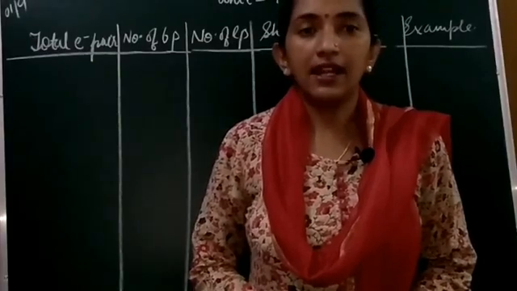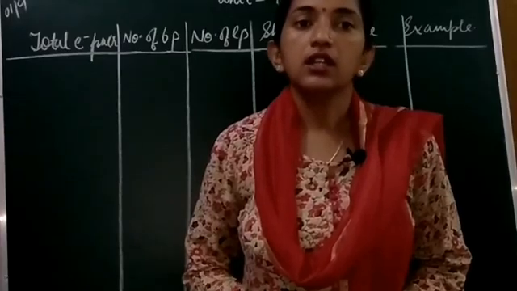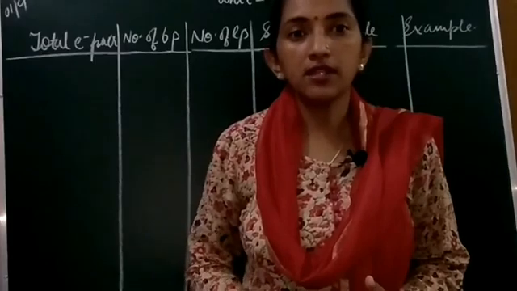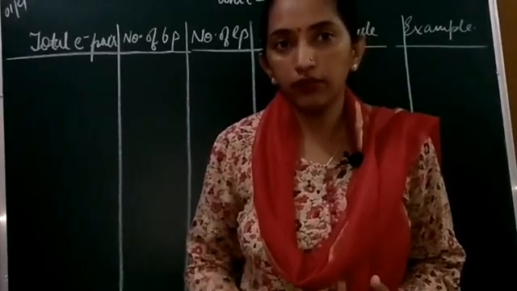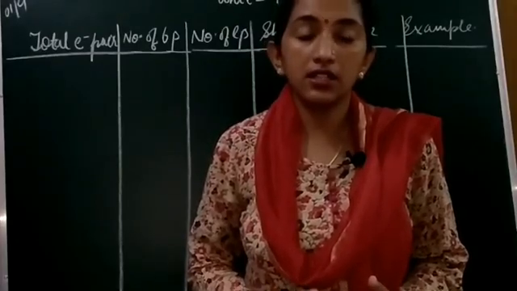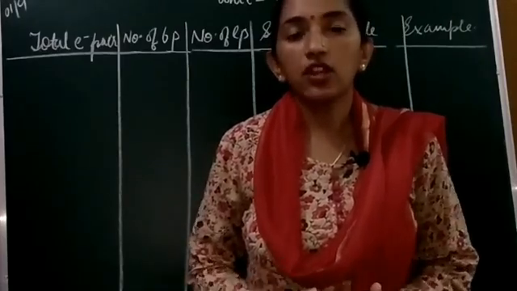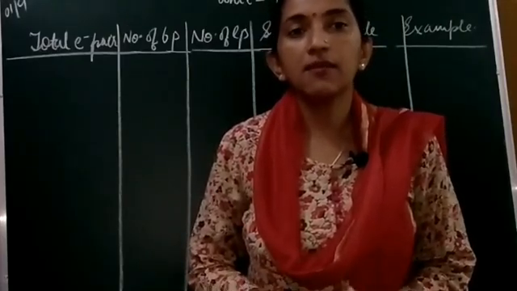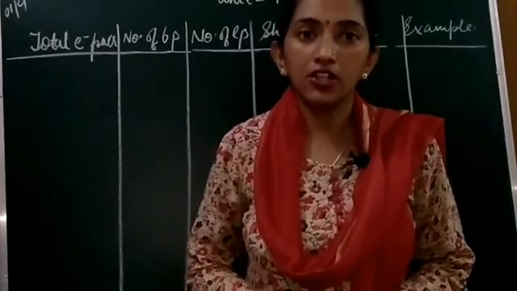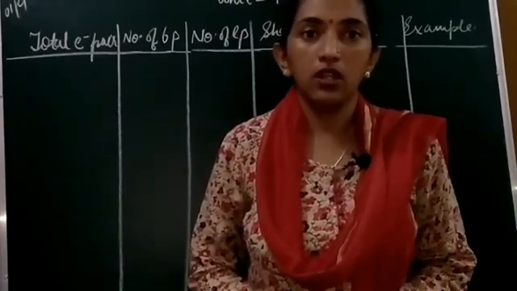Now, we have discussed that the basic key concept of this theory is that the bonds or the different atoms, which may be similar or they may be of different elements, arrange themselves around the central atom in such a way that there is minimum electronic repulsion, and hence they will stay maximum distance apart, right? So minimum electronic repulsion and maximum distance apart leads to the stability of the molecule.